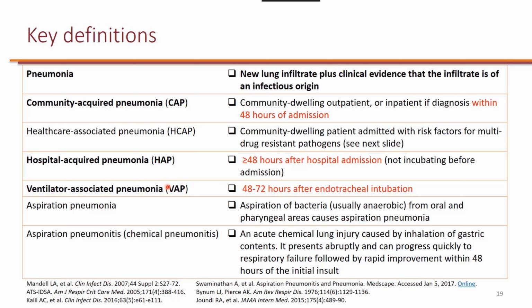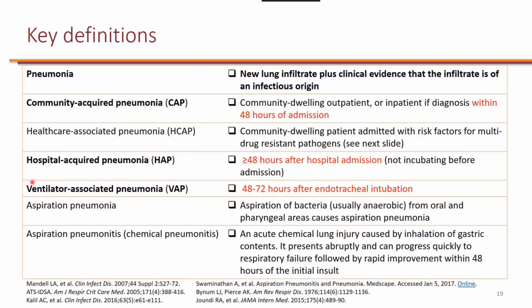So VAP is a subset of HAP. But when you diagnose a patient with pneumonia due to ventilator, we are not going to call it HAP. We actually call it VAP, even though those patients technically meet the definition of hospital-acquired pneumonia. So these are the three types of pneumonia that we will focus on.